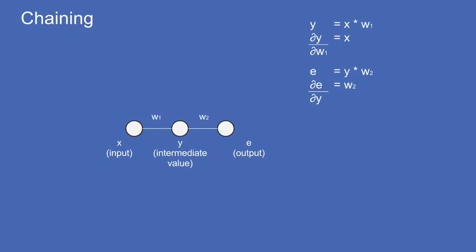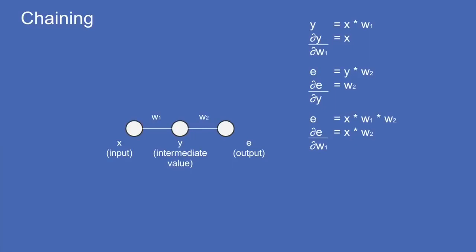Similarly, for the next step, we can see that e is just the value y times the weight W2. And so when we calculate dE dy, it's just W2. Because this network is so simple, we can calculate from one end to the other: x times W1 times W2 is the error E. And so if we want to calculate how much the error will change if I change W1, we just take the derivative of that with respect to W1 and get x times W2.